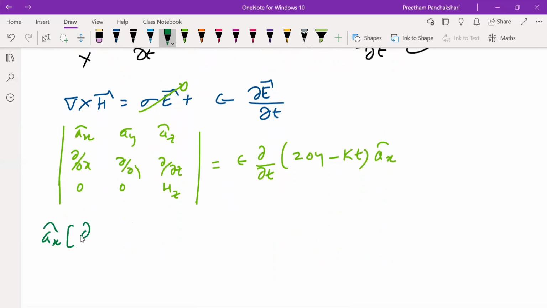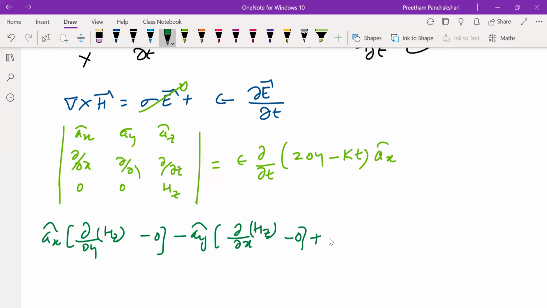Ax into dou by dou y of hz minus 0 minus a cap y into dou by dou x of hz minus 0 plus a cap z, both of them are 0, is equal to epsilon. Differentiate with the time, 20y, 0, minus kt, minus k, into a cap x.